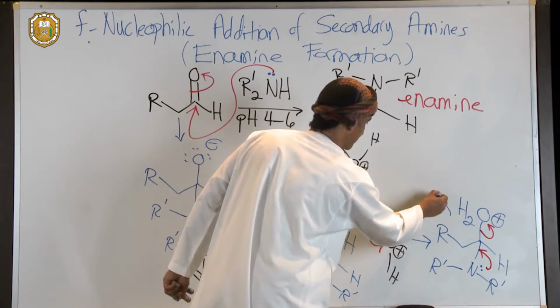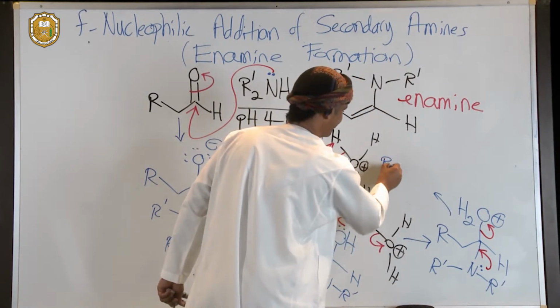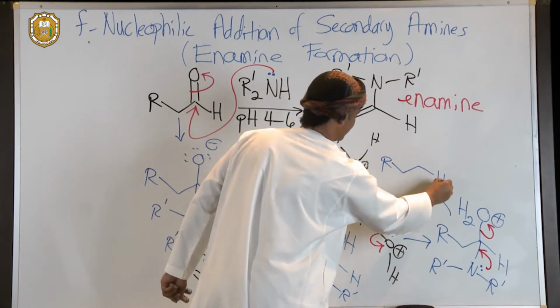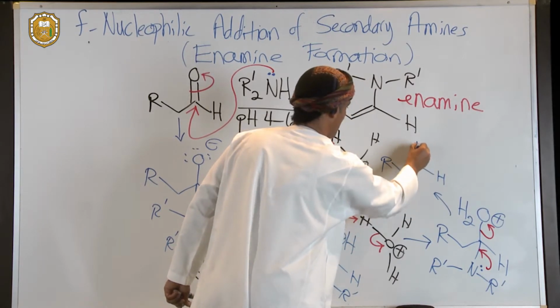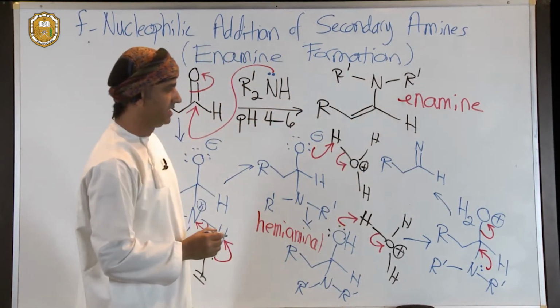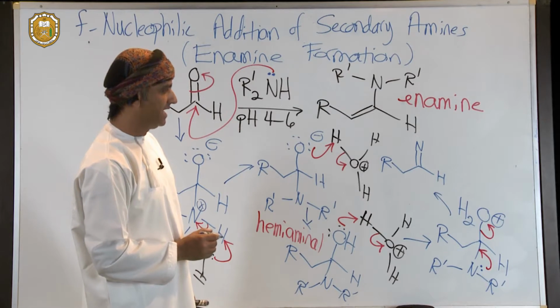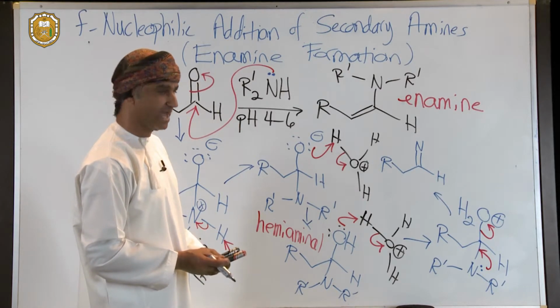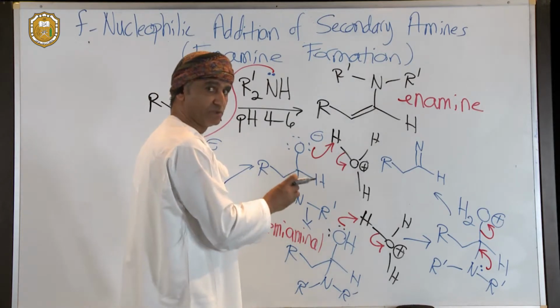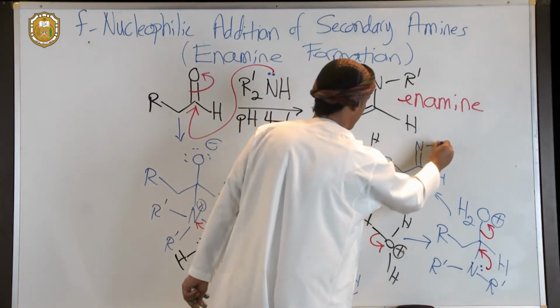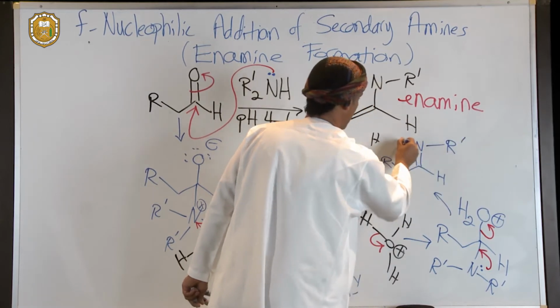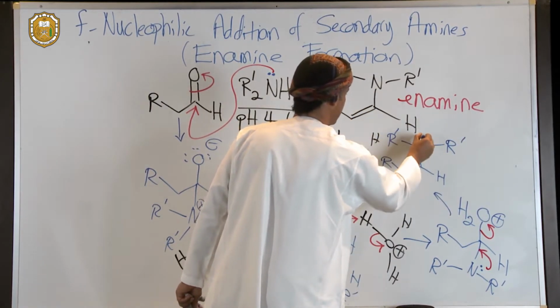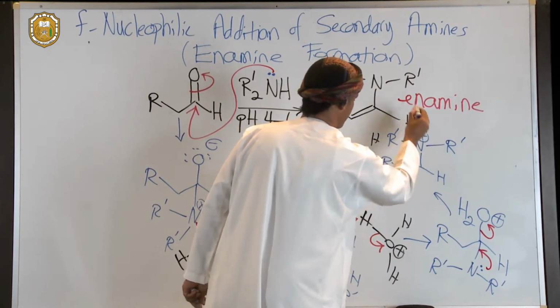So this is the product that's produced. And now we have formed a carbon-nitrogen double bond as required, just like before, as in the imine formation reaction. But we know already that the reaction will not stop at the imine stage because it's an enamine that is produced.